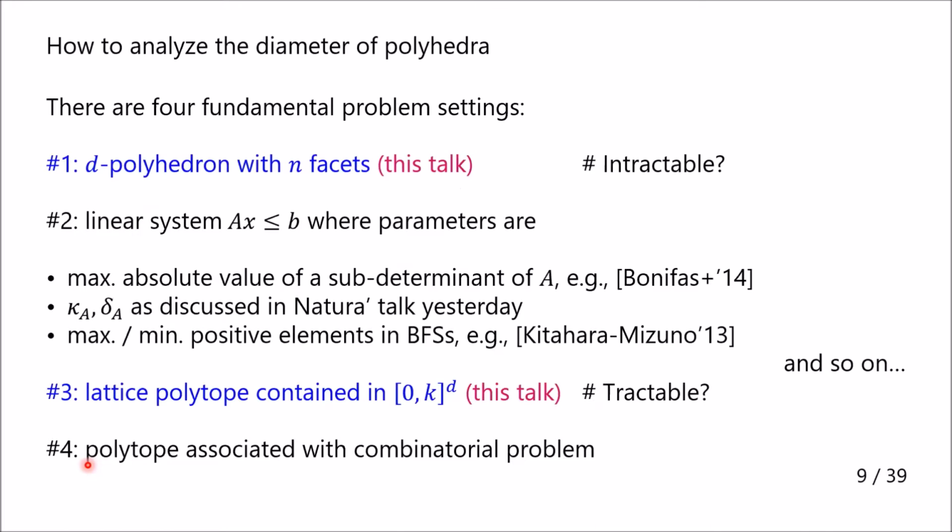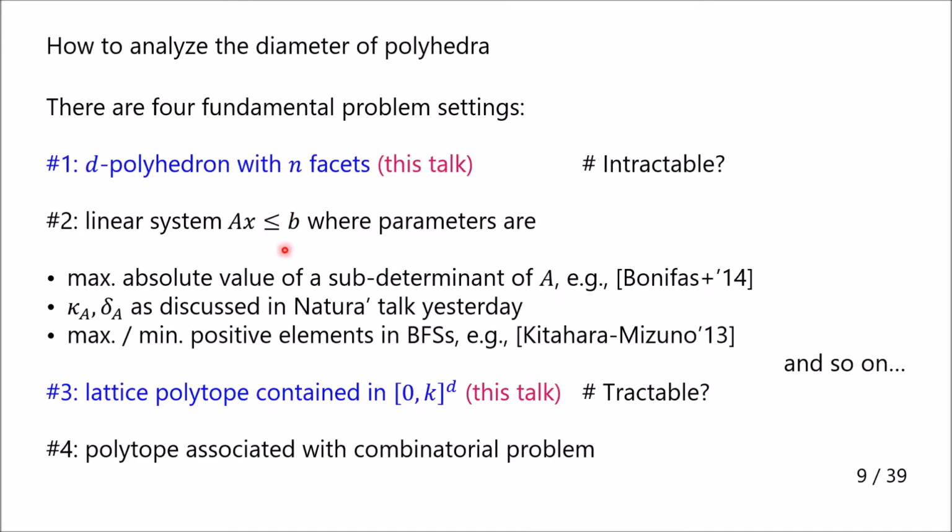Okay, now let us get into the main part, how to analyze the diameter. Here I show 4 fundamental problem settings. Each problem setting specifies parameters characterizing given polyhedra. Parameters are very important in the sense that they determine tools and approaches that can be used in each problem setting. And the most fundamental setting here is to look at d-dimensional polyhedra with n facets, that is, d and n as the parameters.